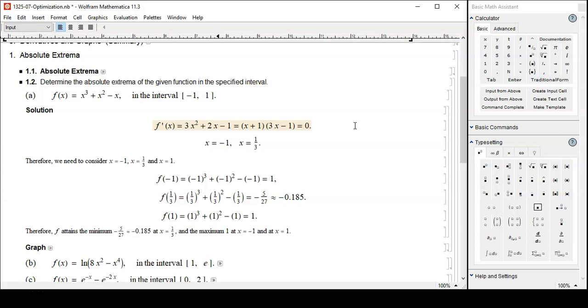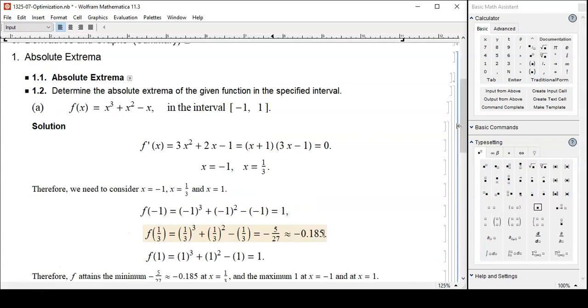And then, as for the endpoints, no big deal. Just plug in x equals negative 1. Just plug in x equals 1. Turned out they're the same. So we have a tie. So that's the absolute maximum. And here, absolute minimum. Here's a conclusion. f attains the absolute minimum, negative 5/27, excuse me, bigger font.